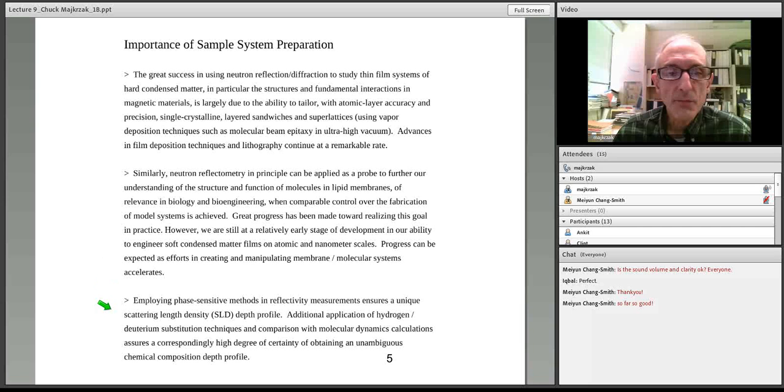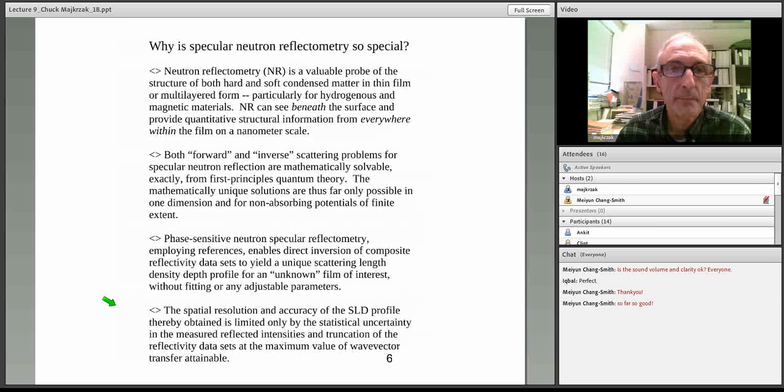And as we'll study in one of the parts in particular of this discussion, by creating buried reference layers, you can incorporate reference layers that are outside of the structure you're interested in studying, but act in such a way as to provide phase information in the scattering process.